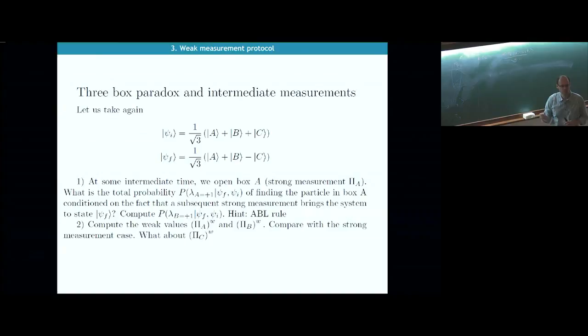And so what happens to the meter that is coupled here to box A? Here the weak value is 1. So that means that the quantum pointer will have seen a change in its state.